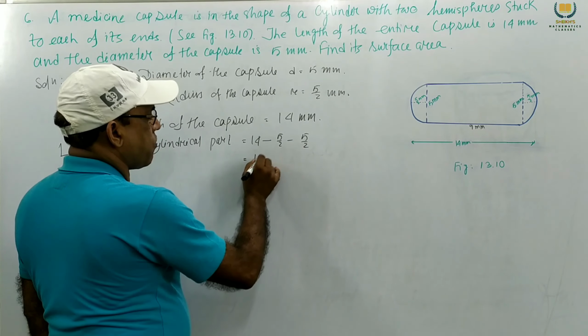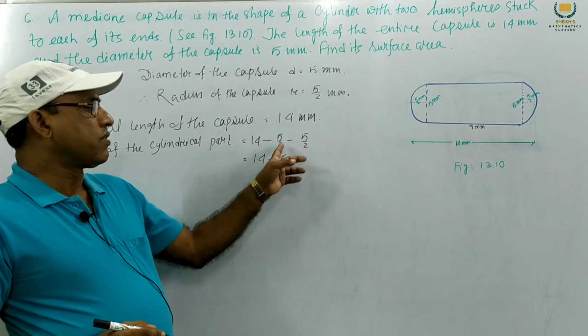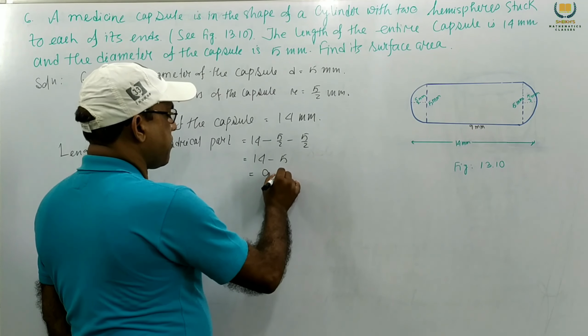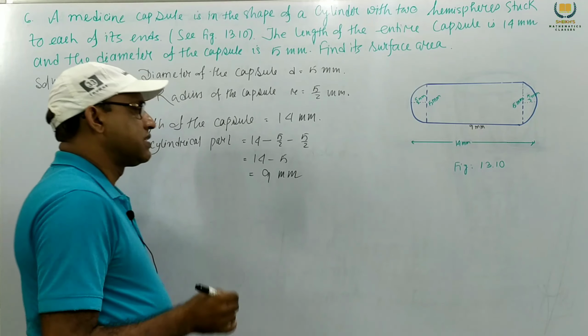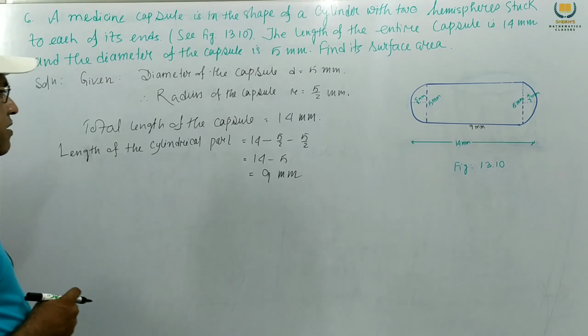So this will be 14 minus 5, half 5 and half 5 is 5, and this will be 9 millimeter. So this 9 millimeter is the length of the cylindrical part.